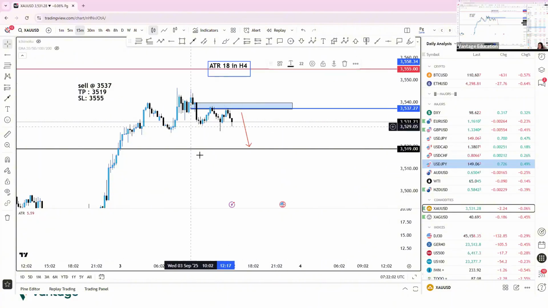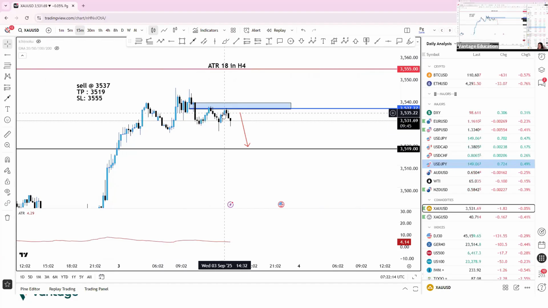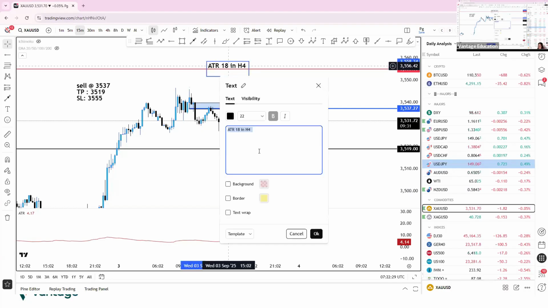The ATR in M15, you can look here, it's about 4: 4.29, 4.12, 4.45. I just take either 4 or 5, it doesn't matter because it's just an average. So I just put 5, easy to calculate, okay?